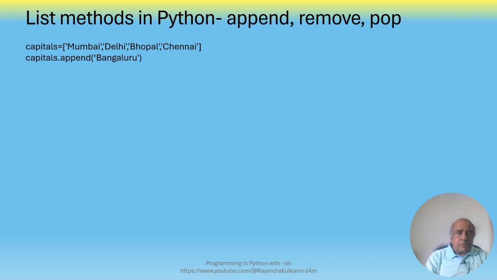Whatever we want to append is in the parenthesis, and this being a method, capitals dot append works for appending to the list. When we print the capitals, we can see Bengaluru added at the end of the original list, after Chennai.